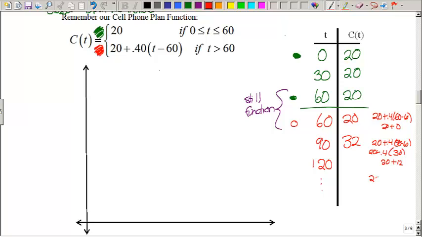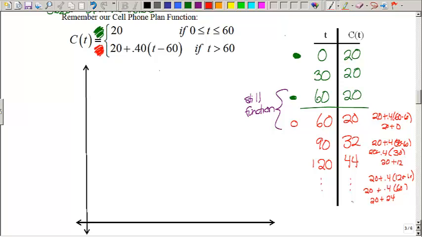And the last one, if I spoke for 120 minutes, $20 plus 24, I'm getting a $44 fee. Now this actually was the one that we came up with on the last example when we were evaluating using the same function. Notice that this keeps going, so you'll have an arrow at the end.